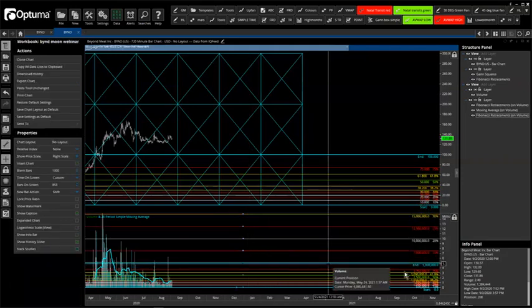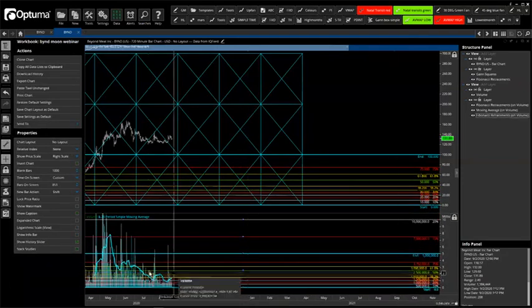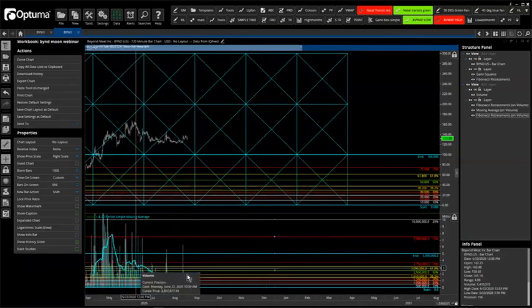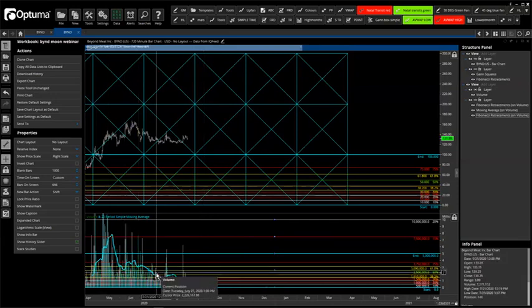And now you can see, although there's more detail here, the relative position on average of the volume sits similar to where it did on that daily.